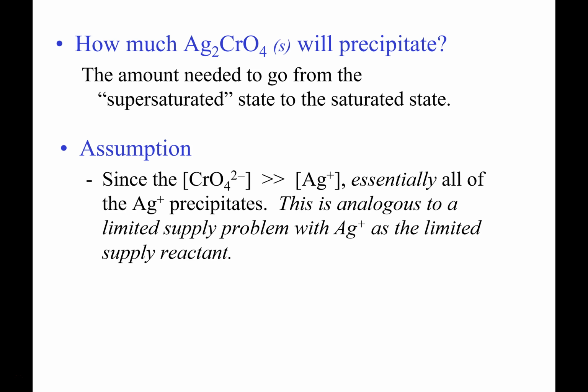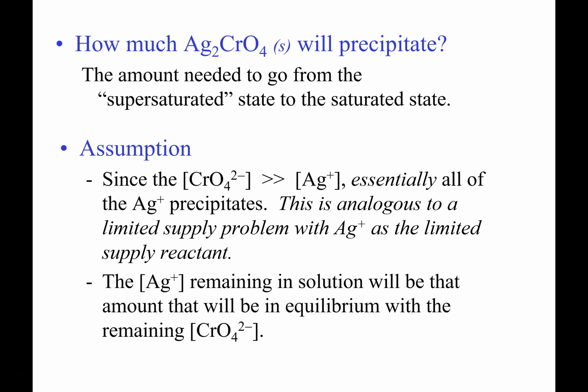And we're also assuming that since the molar concentration of the chromate ion that we came up with is significantly larger, that's what the double greater than means, significantly larger than the silver ion, then basically all of the silver ion will be consumed.